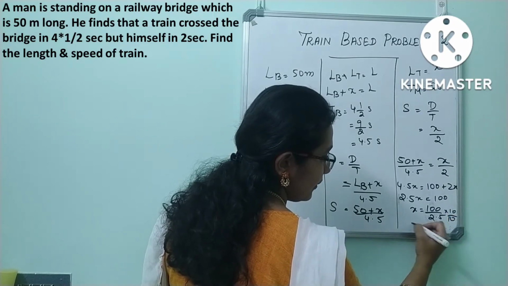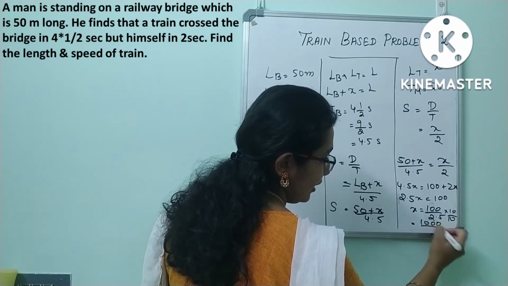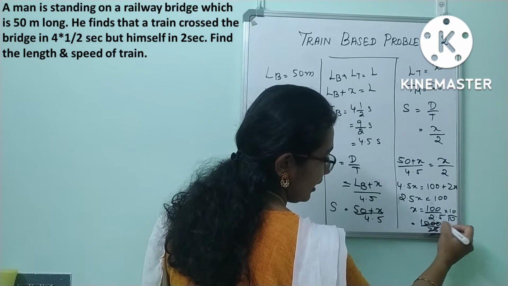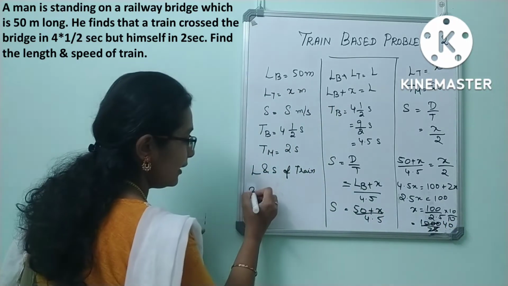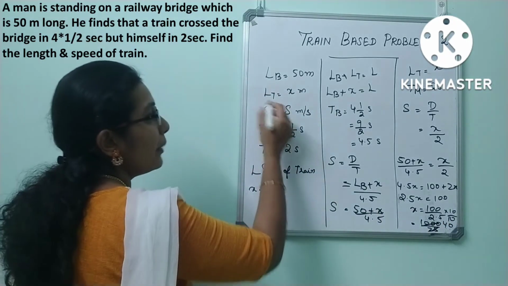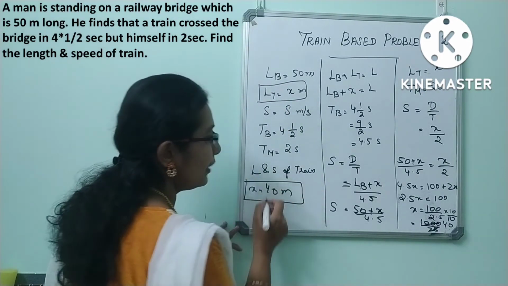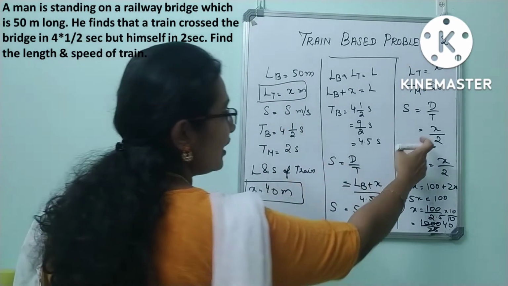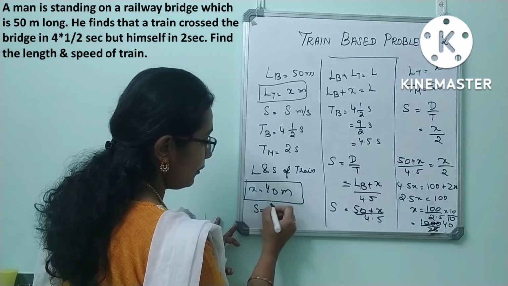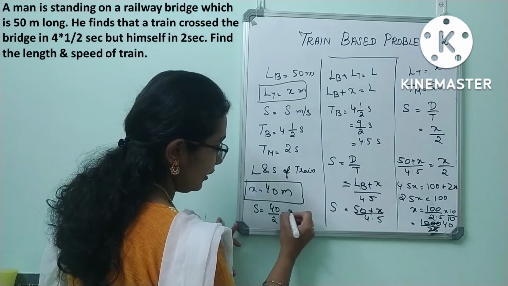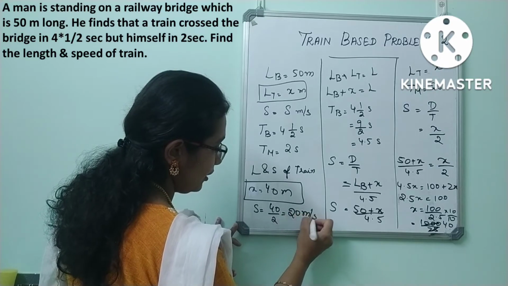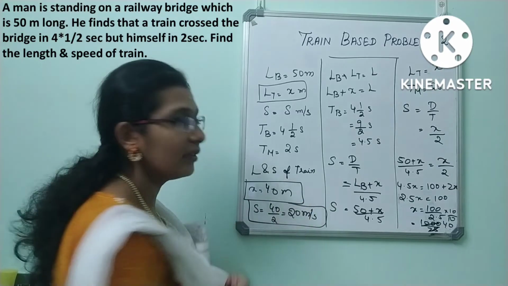You get 1000 divided by 25. On simplification, you get 40. So x is equal to 40. x is nothing but the length of the train. So 40 meters. Now how will you find the speed of the train? You can substitute anywhere. Speed is equal to 40 by 2. This is equal to 20 meter per second. Now you got both the answers. Clear?